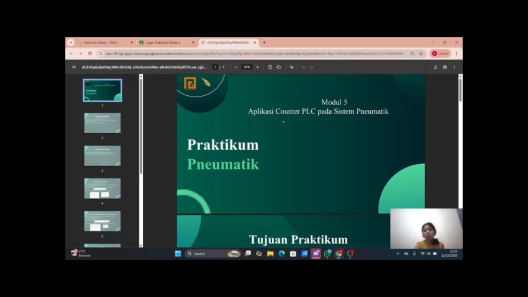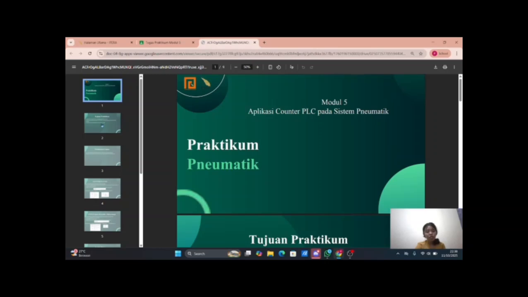First, we will discuss the explanation of ladder counters, CNT and CNTR, and the PLC ladder circuit on the training board.